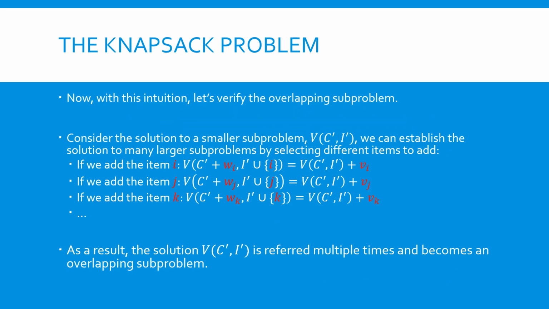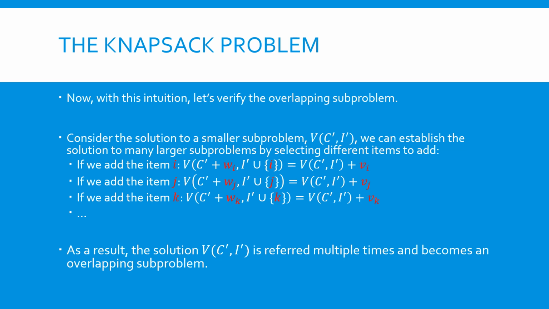With this intuition, we can proceed to verify the overlapping subproblem property. In the previous example, we assume that the newly added item is i. In that case, we have V(C' plus Wi, I' union {i}) equals V(C', I') plus Vi. Following the same logic, if we assume the added item is j, we have V(C' plus Wj, I' union {j}) equals V(C', I') plus Vj.